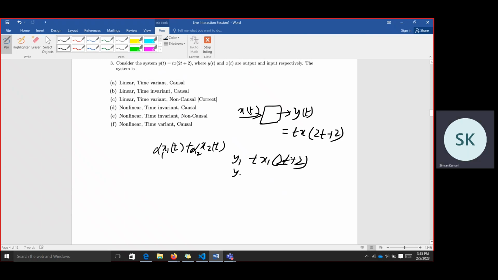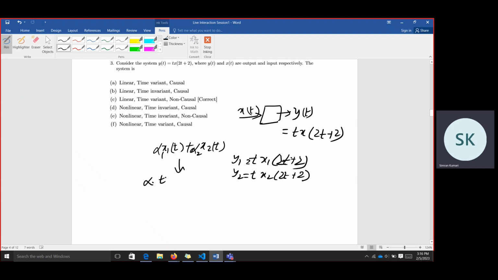This is the y1. What is the y2? So t x2(2t plus 2). Now we will be applying alpha x1(t) plus beta x2(t).